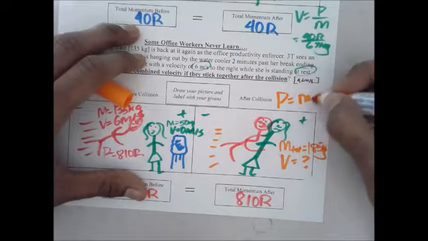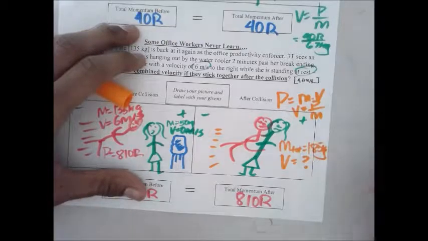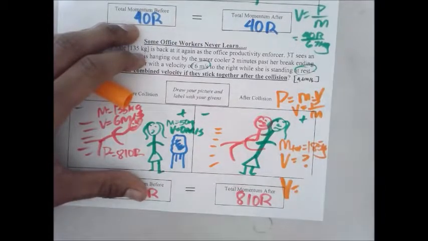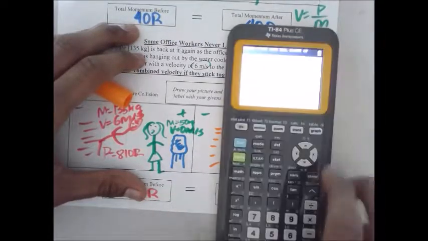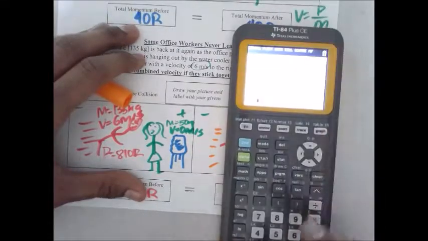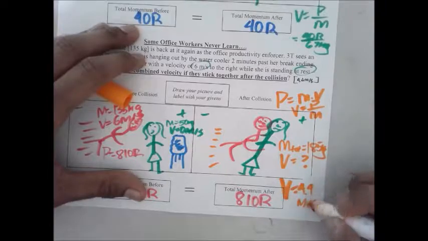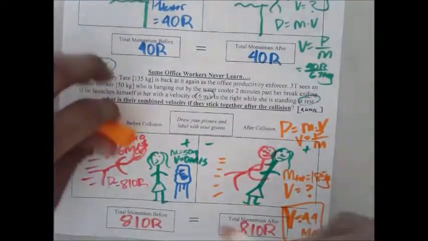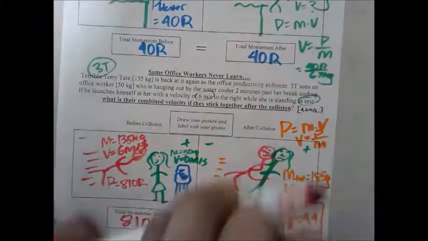P is equal to m times v. V is equal to P divided by M, and so V is going to be equal to P, which is 810, divided by M, which is 185. So we can see that the velocity is going to be around 4.4 meters per second.